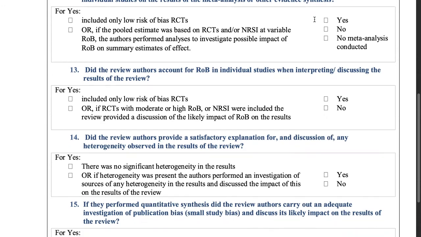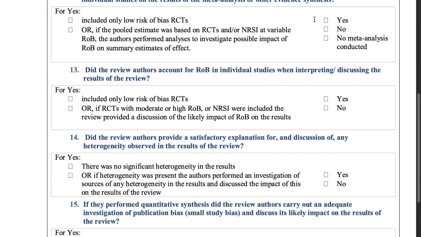Because they included a small number of studies in some comparisons, they cannot separate the low risk of bias studies from the high risk of bias and do two separate meta-analyses. So it's important to mention that.